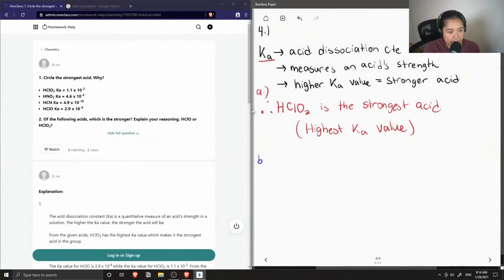Okay, so now for part B, of the following acids, which is the stronger? Explain your reasoning, HClO or HClO2. So we already know that HClO2 is stronger because it has its high Ka value.